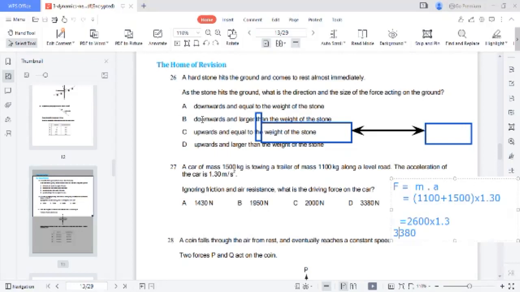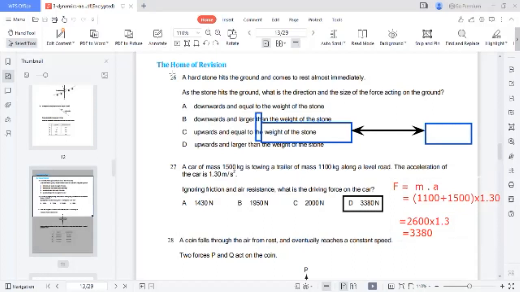So it looks like option D. The correct option is option D. We considered both the masses as a single mass, because both are connected by this rod.